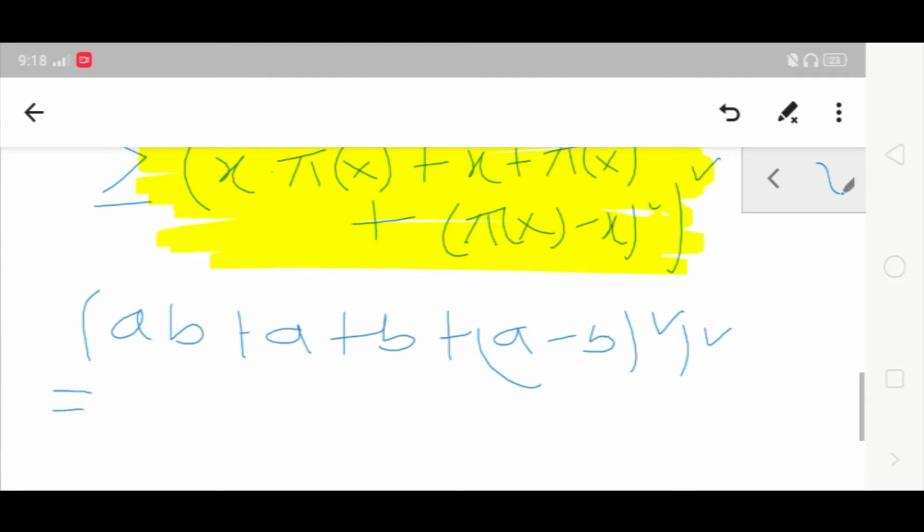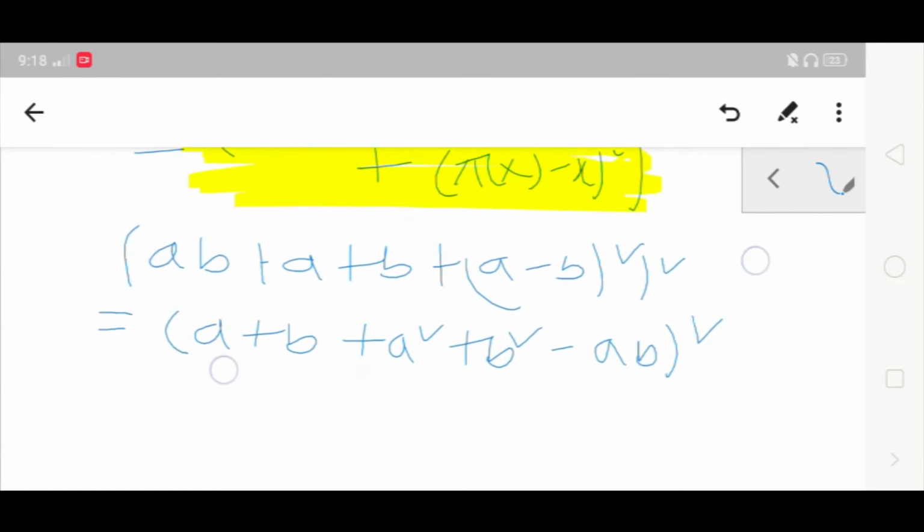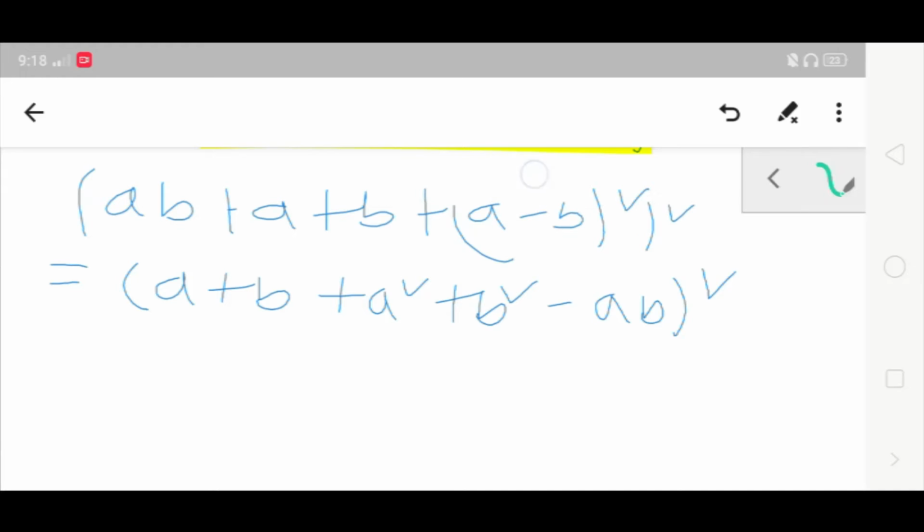This is obviously equal to the square of a plus b plus a squared plus b squared minus ab. Now take the first term as x and this term as y.